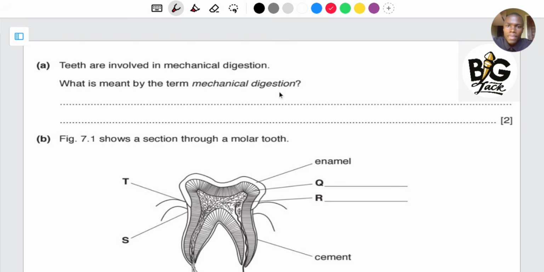Digestion can be mechanical, which is also known as physical, and is done by the teeth. Then we also have chemical digestion, which is done by the enzymes.